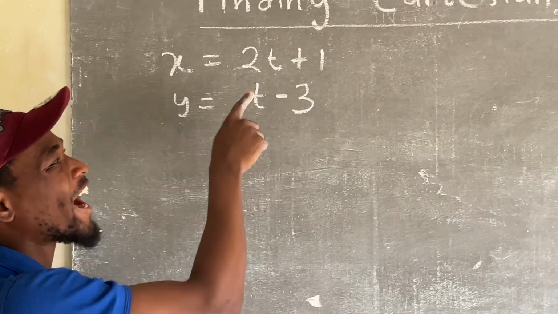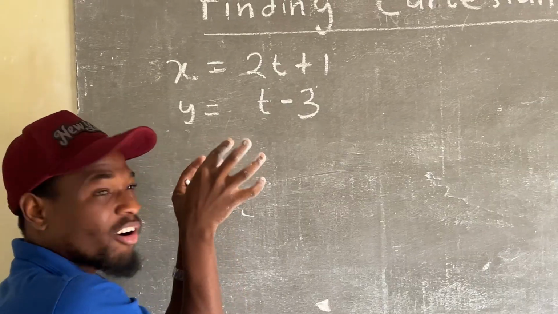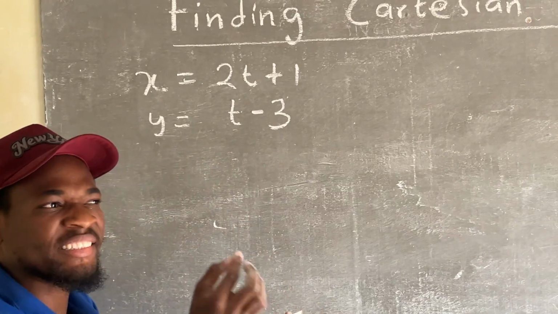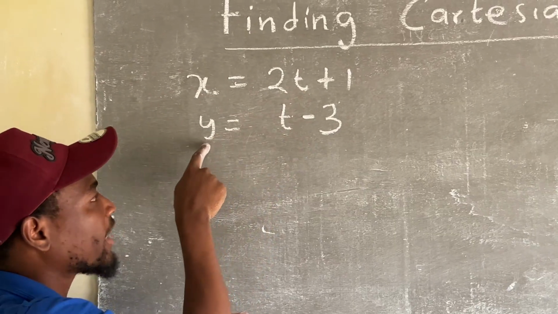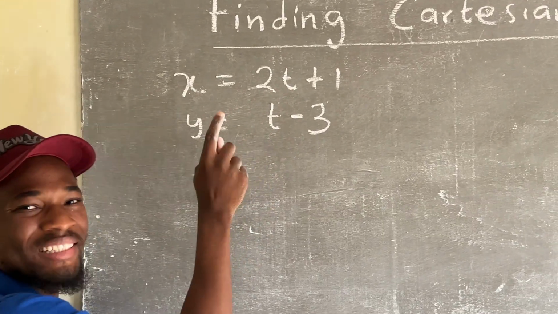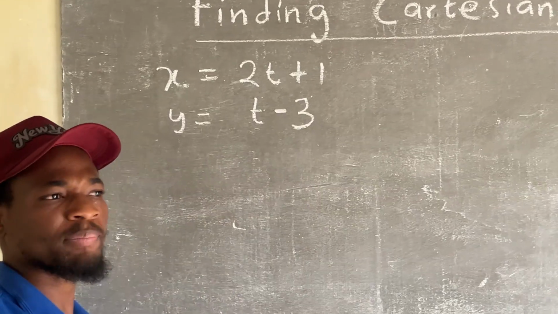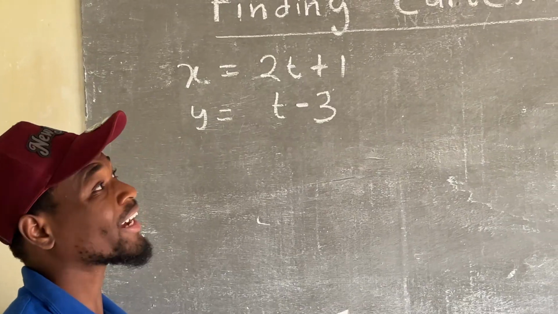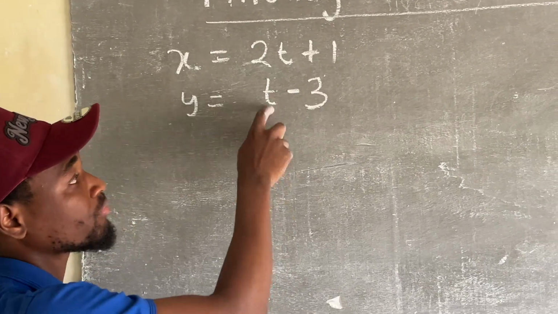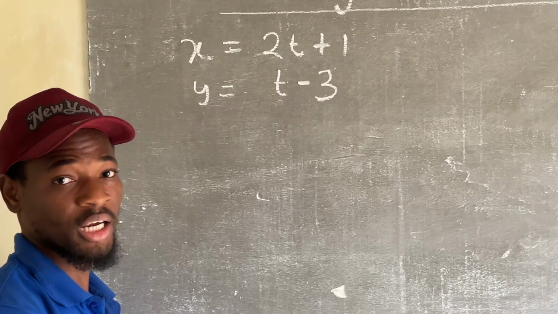In other words, they are expressed in a single variable, the same variable. x is depending on t, at the same time y is also depending on that same variable. That is parametric. In the ordinary or the Cartesian equation, we don't have functions of this nature.